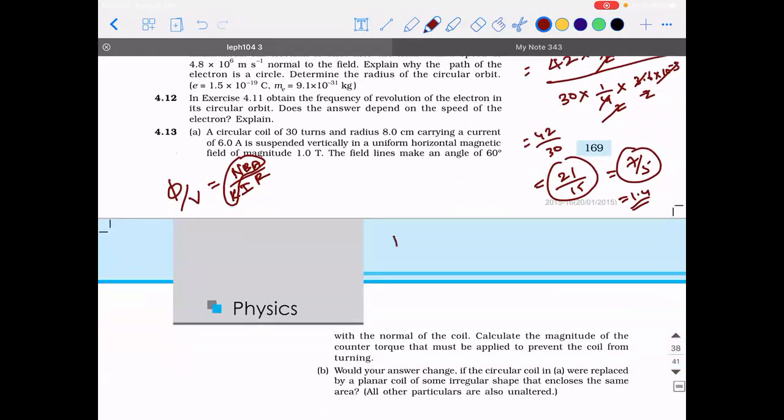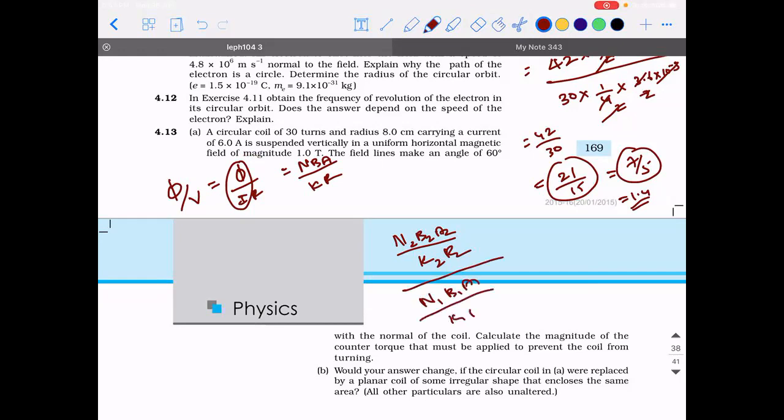Actually, what you told is right. Phi divided by V is nothing but phi divided by I into R, but phi by I is NBA divided by K, into R. So it will be N2 B2 A2 divided by K2 R2, divided by N1 B1 A1 divided by K1 R1.